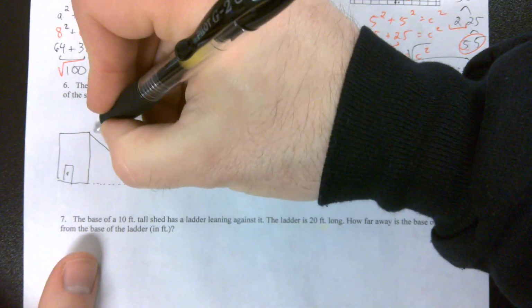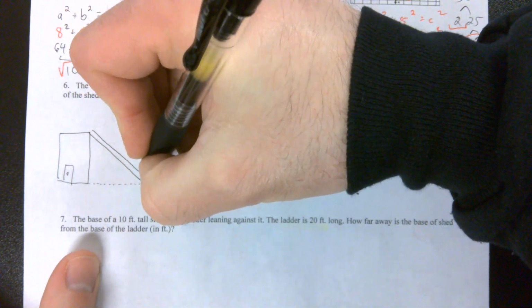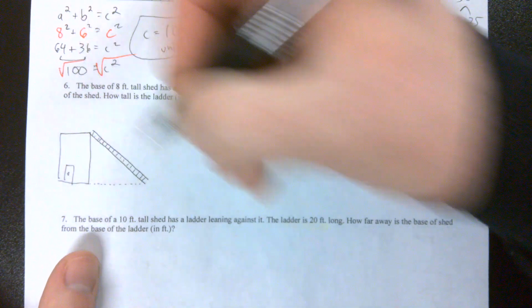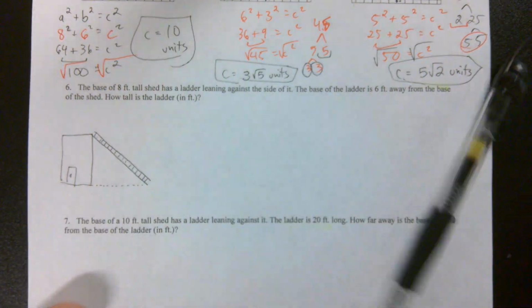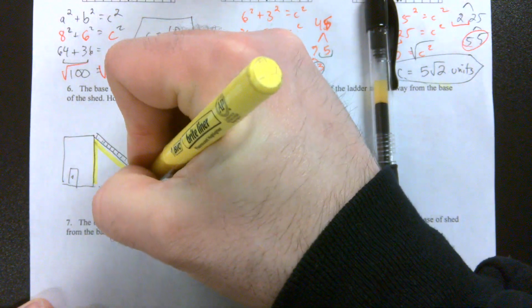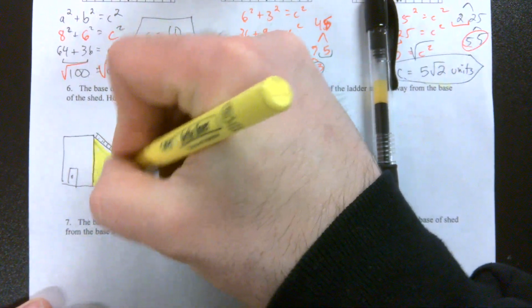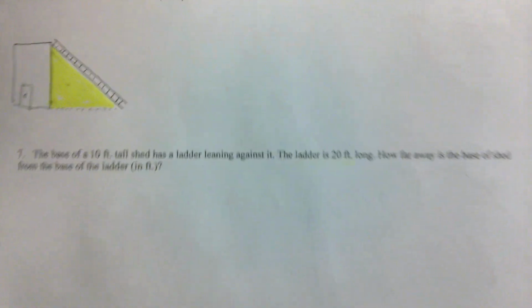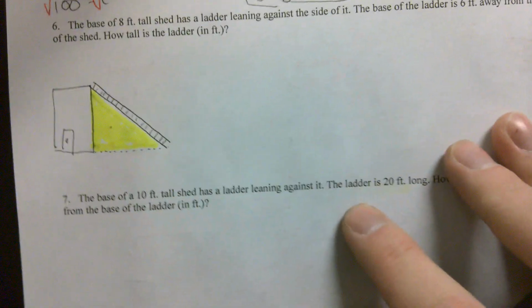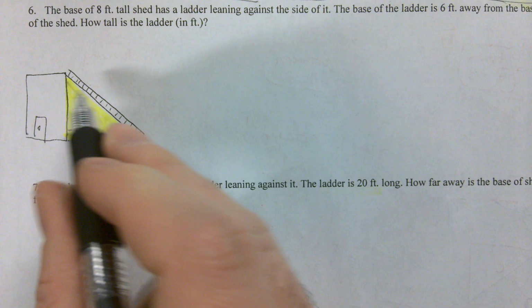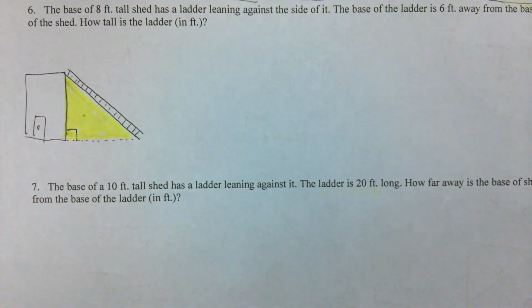You could add the rungs of the ladder if you want to. But we should see a nice, clear right triangle created by the space in between. That's the main goal with this diagram. Your drawing doesn't have to be perfect, but we should see a nice, clear right triangle in there just like that.